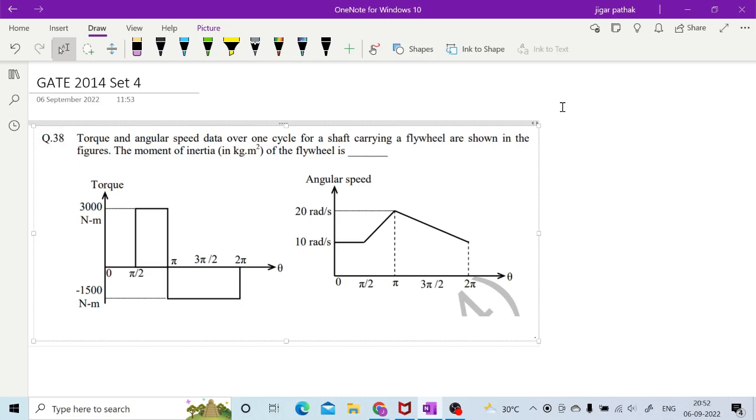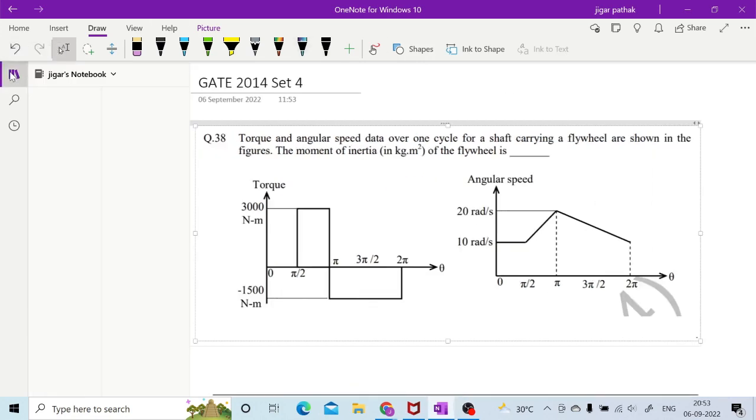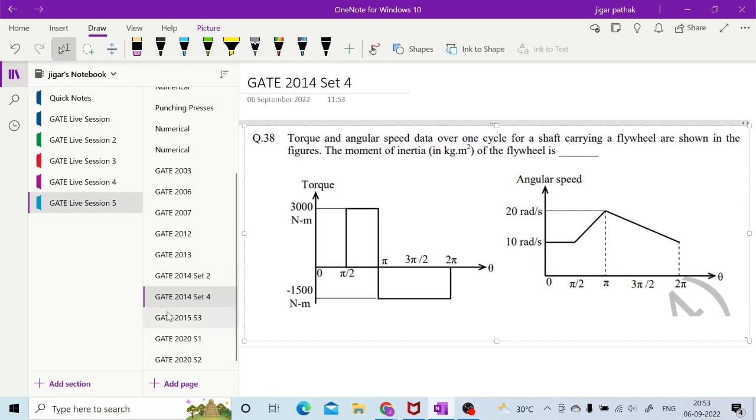And one more thing you have to calculate is the fluctuation. Okay, so shall we move to the next one? Sir, I could not get the fluctuation.